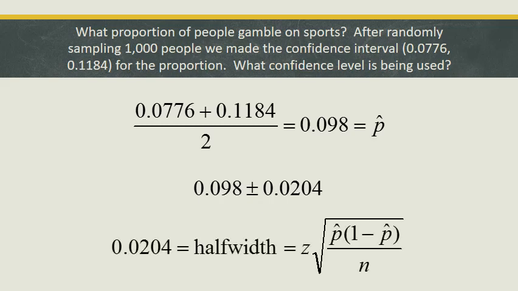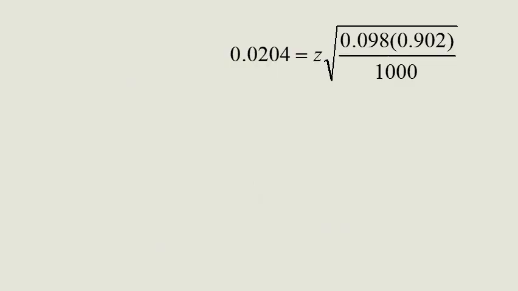And we can now use the half-width of the interval to solve for z. Plug in p-hat and n and solve for z. After solving, we get z equal to 2.17, which is a little unusual.